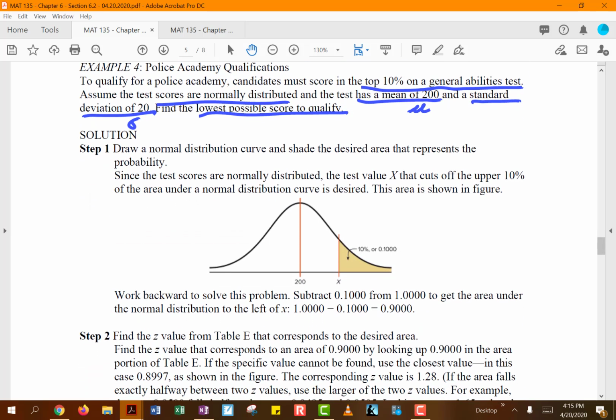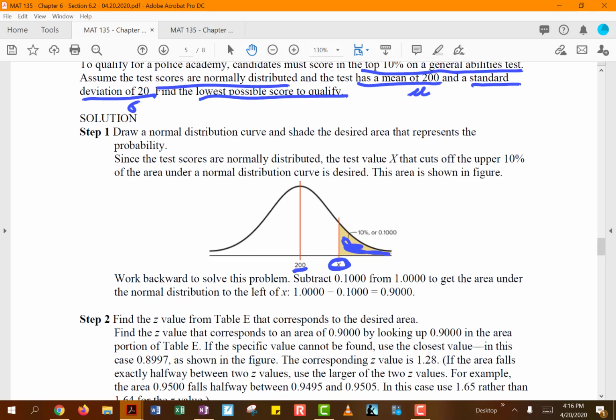So again, we start by drawing our normal distribution curve. We know our mean is a score of 200, and then they are telling us we are looking for candidates who score in the top 10%. So that would be this top 10% area that we are interested in. So we want to know, okay, what should this score on the test be so that they can qualify into this academy, right?